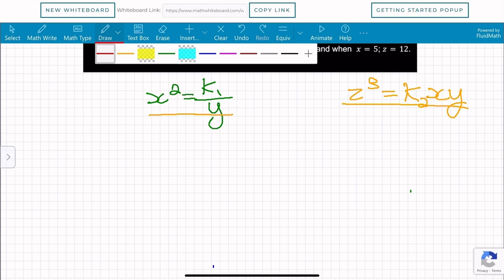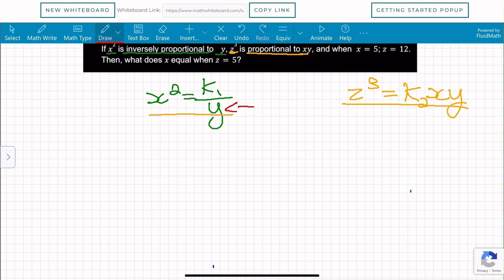I'm just going to choose the color red, and we're going to rewrite this. We're going to solve for y in this first equation. What you can do is that these two can just be flipped. X squared and y just change position because y is in the denominator and x squared is technically in the numerator since it's over 1.